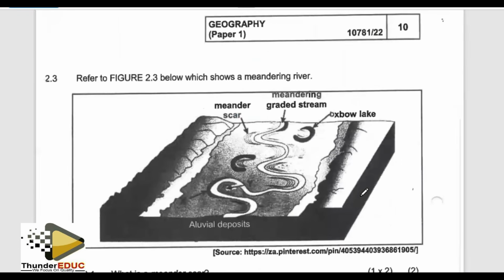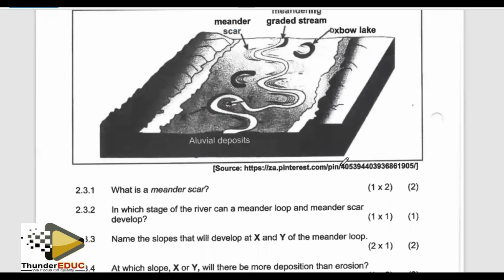2.3, the figure below shows a meandering river. You can see this is our meander. This is a feature here. So what is a meander scar? All of us know a meander scar.